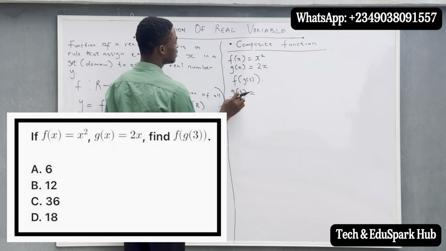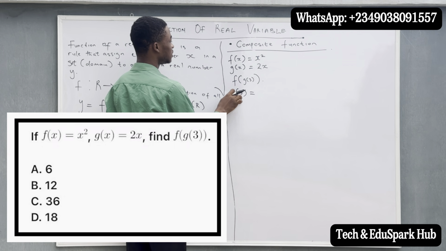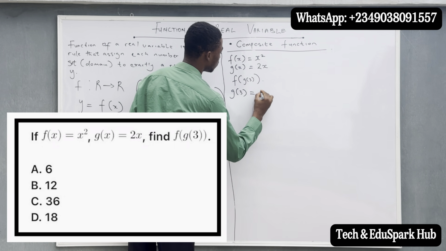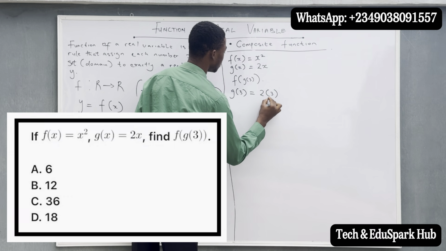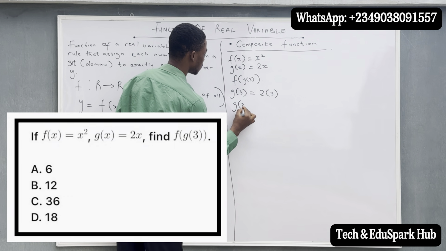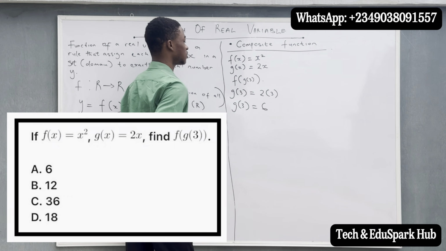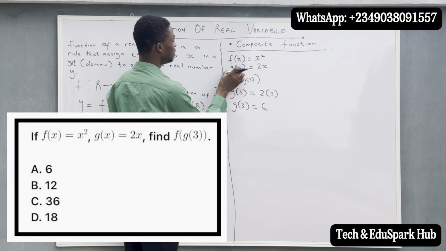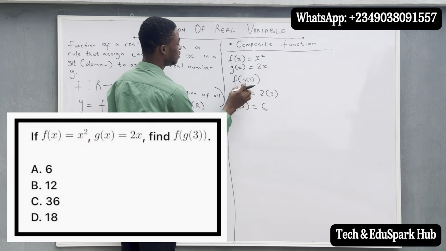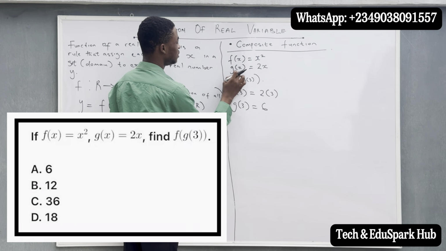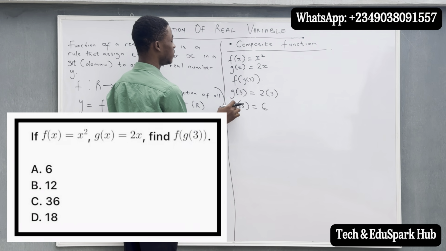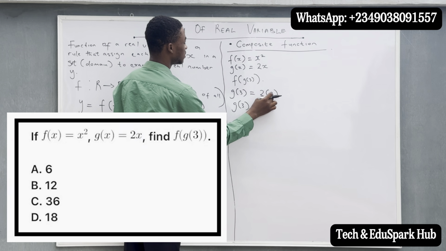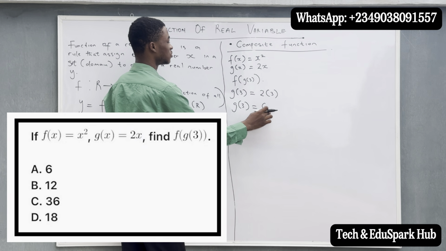So that means whenever we see x in g of x, we substitute it for 3. So we have g of 3 to be equal to 2 multiplied by 3. So we have g of 3 to be equal to 6.